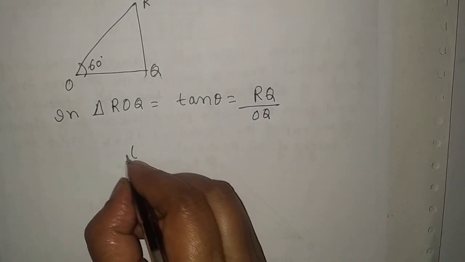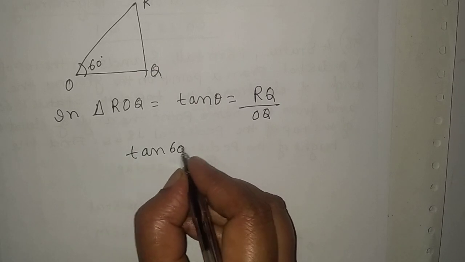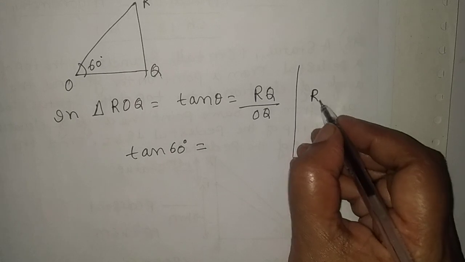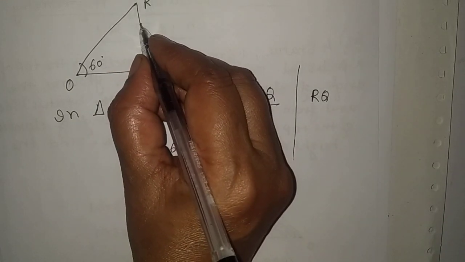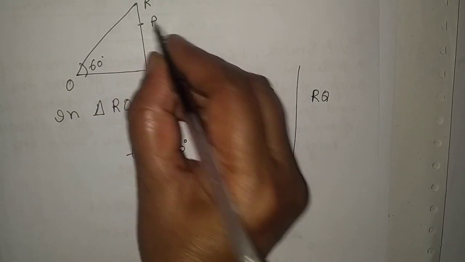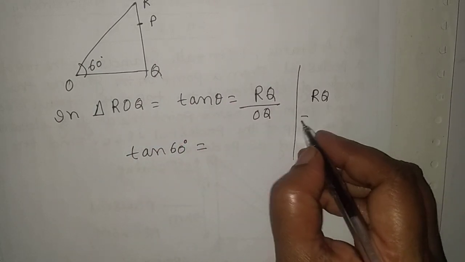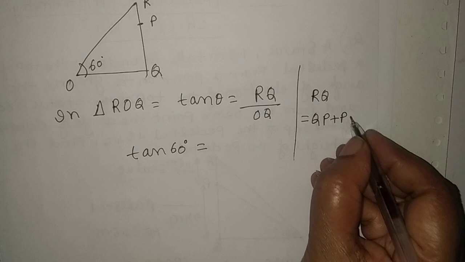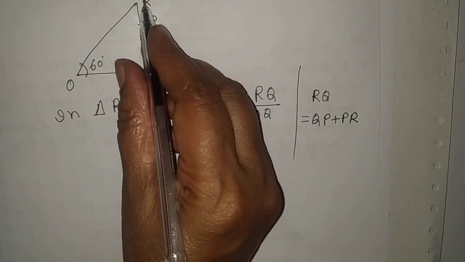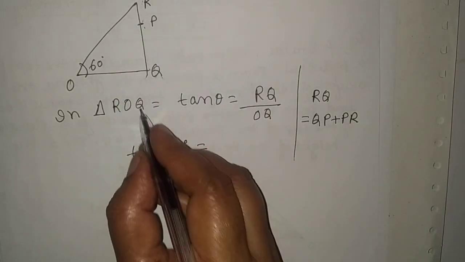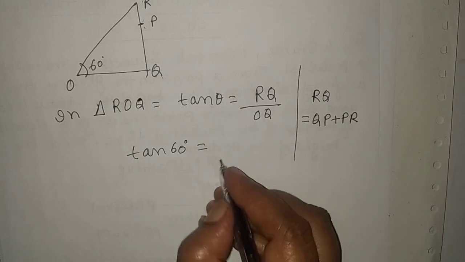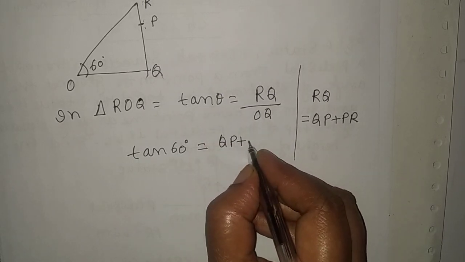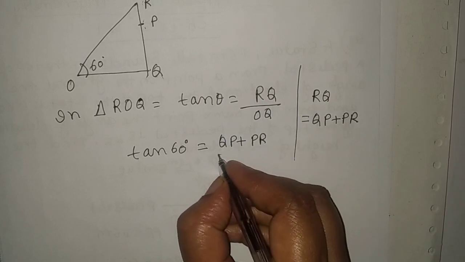Tan theta is tan 60. RQ, one more point is there, that is P. Therefore, RQ can be written as QP plus PR. This plus this is equal to this. So finally, substitute QP plus PR by OQ.